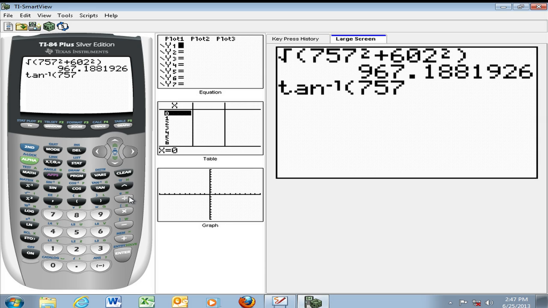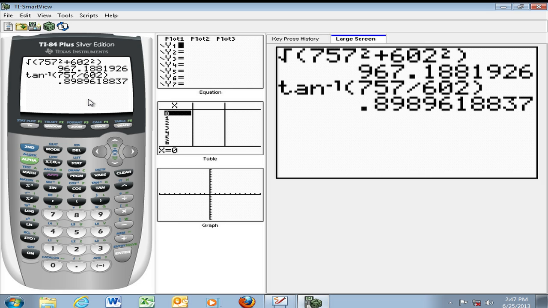So that's 757 divided by 602, and let's close those parentheses and evaluate it. Note the result: 0.89896. Now this is important to think about.